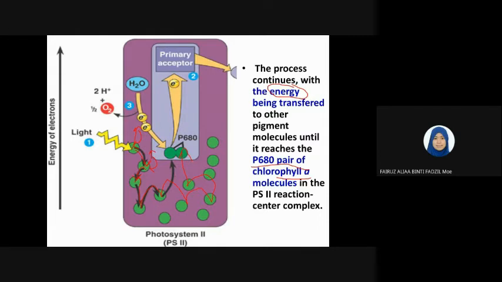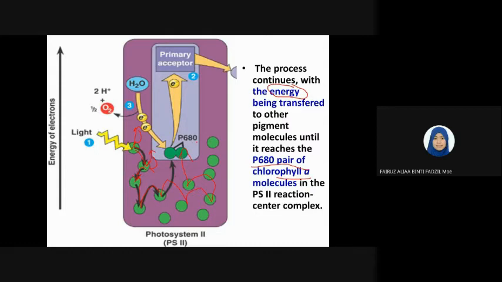In this case, the reaction center chlorophyll is called P680. P680 is of course chlorophyll A, not chlorophyll B, not carotenoids. That's why we say chlorophyll A is the dominant photosynthetic pigment, because it is the photosynthetic pigment in the reaction center complex.